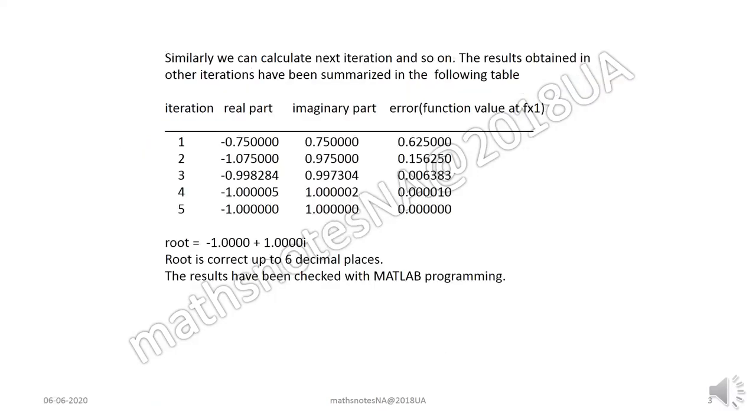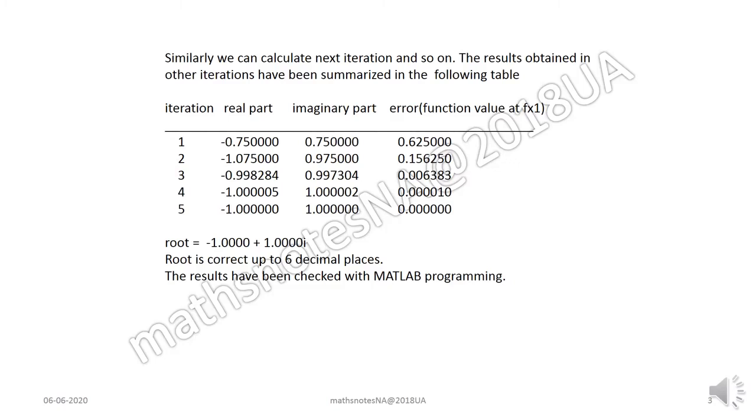Next approximation in similar way, and we can write it into tabular form where real part and imaginary parts have been summarized here. So these are the real, and this is the first iteration. Z1 value, Z2, Z3, Z4, Z5 have been given, and in the last fifth iteration you can see there is no error because we can find out root of this equation with the help of calculator also, which is an exact root.